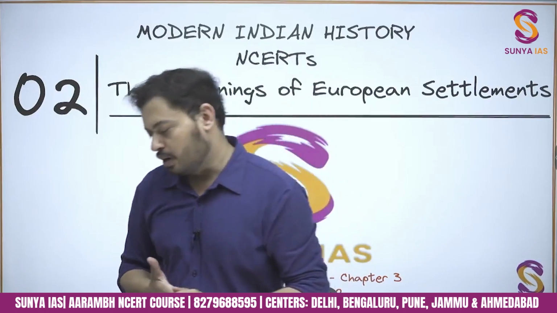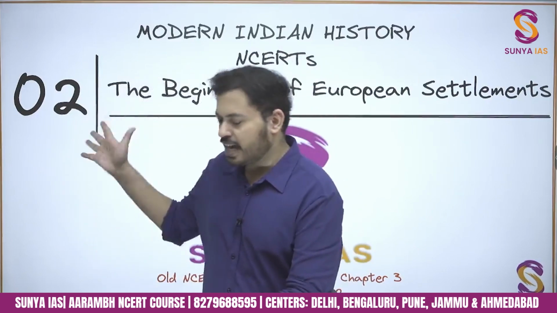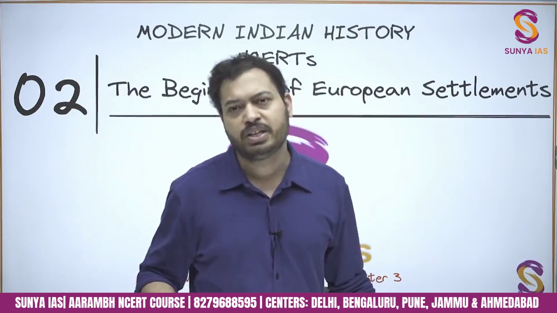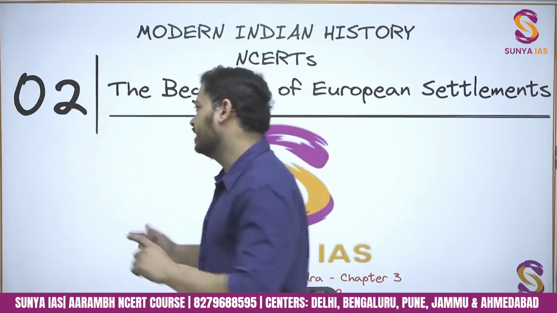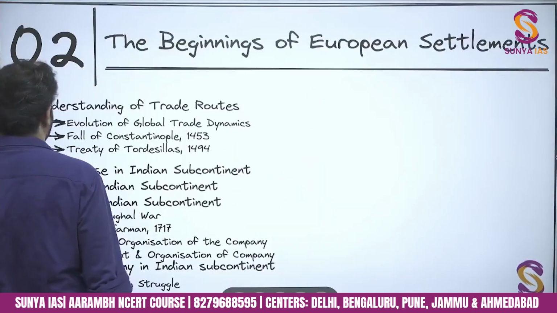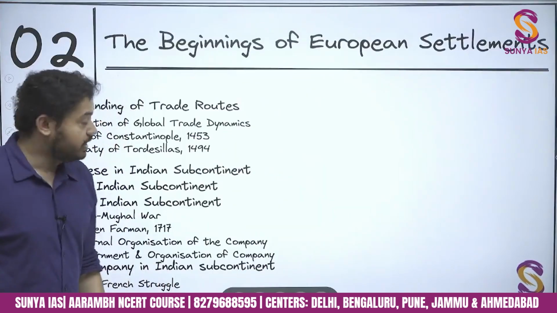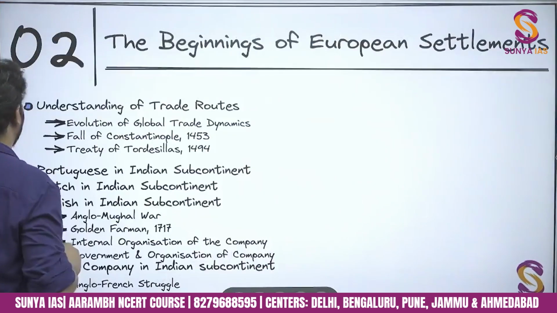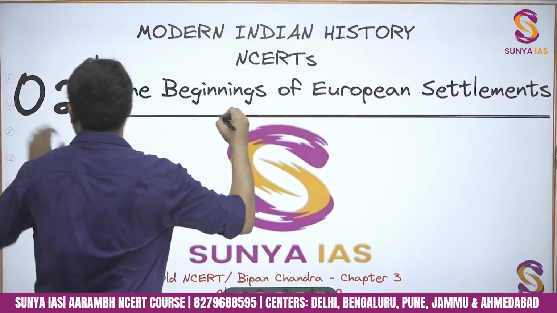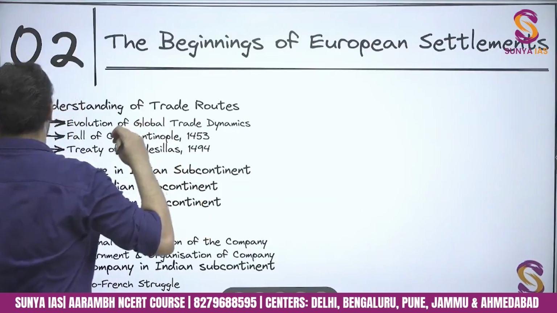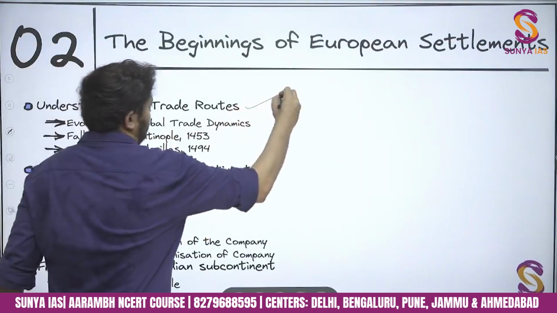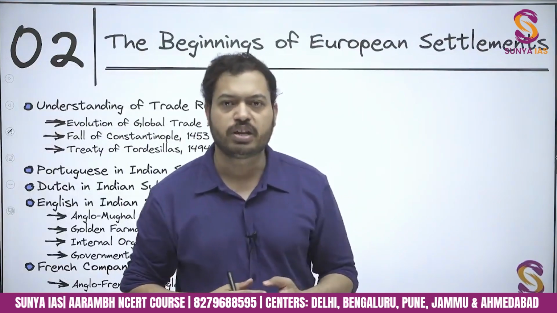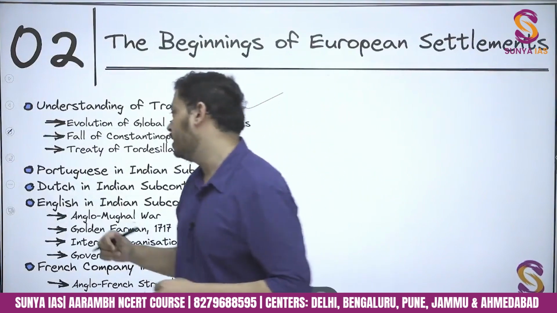Since in the last lecture we discussed the beginning of the European settlements in detail, I'll explain what we actually discussed. We discussed in detail the various trade routes, how in the ancient and the medieval times the world handled the trades, and then how in 1453 everything changed after the fall of Constantinople.